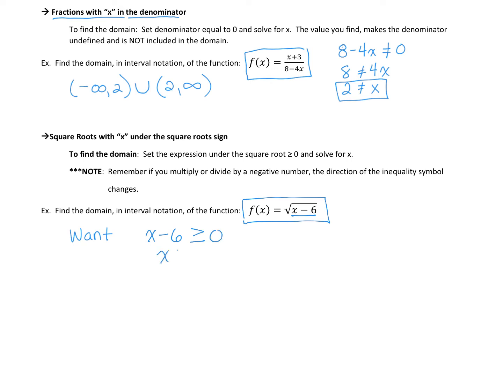So x has to be greater than or equal to 6. Anything that's bigger than 6 is going to be okay. So we're going to say from 6 to infinity is our domain. So I'll write domain up here. We can say that this is the domain down here.